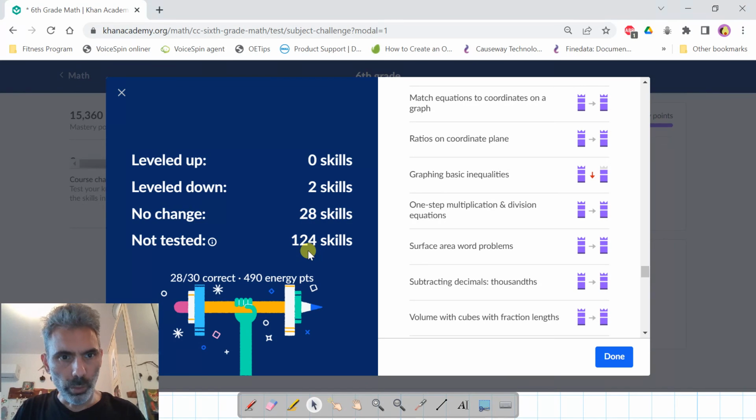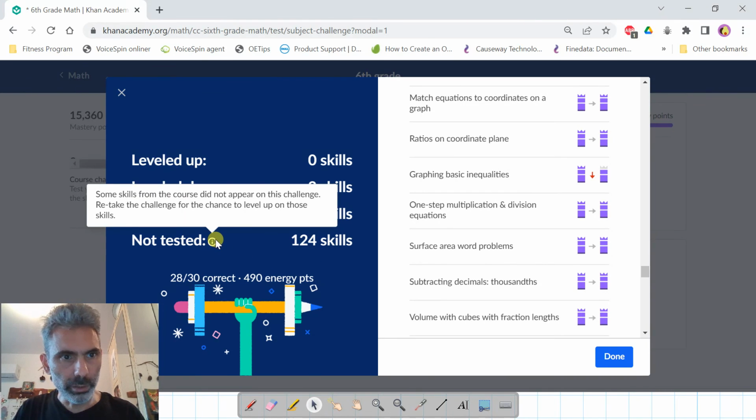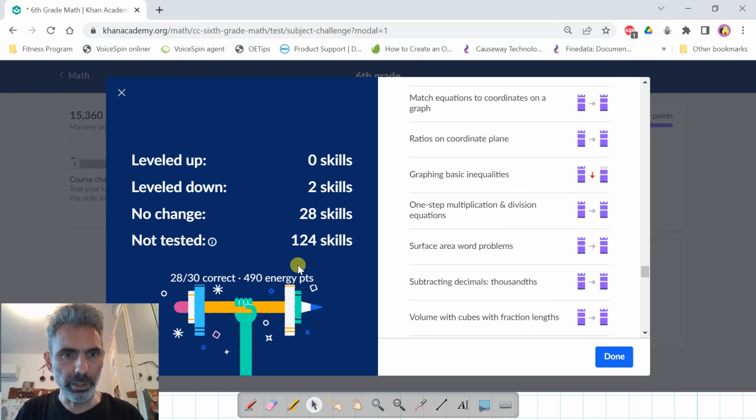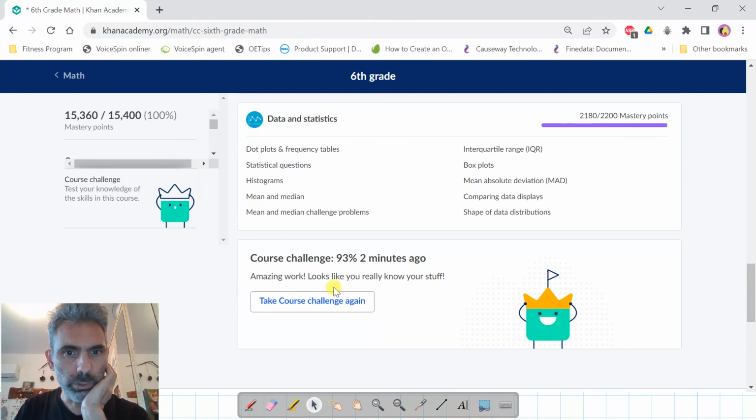Not tested: 124 skills. Some skills from the course did not appear on this challenge. Retake the challenge for a chance to level up on those skills. I will, because I had 2 mistakes. And on the next video, I will take this challenge again. I improved the score by 3 points compared to the first time I took it without learning.